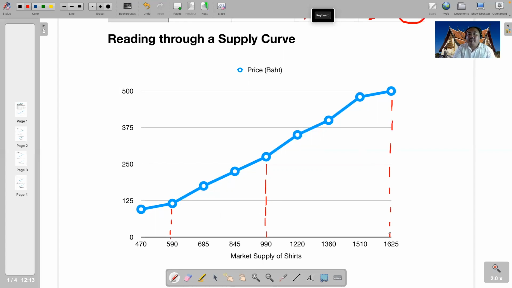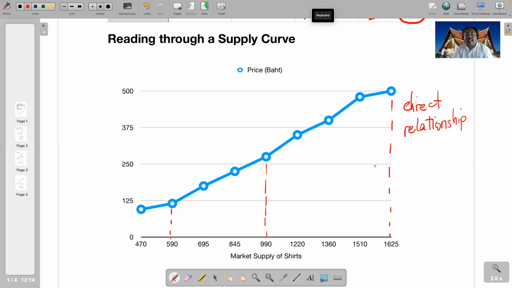So our supply depends not only on price, but you will see here that there is a positive relationship or a direct relationship that exists between price and the quantity of shirts supplied.